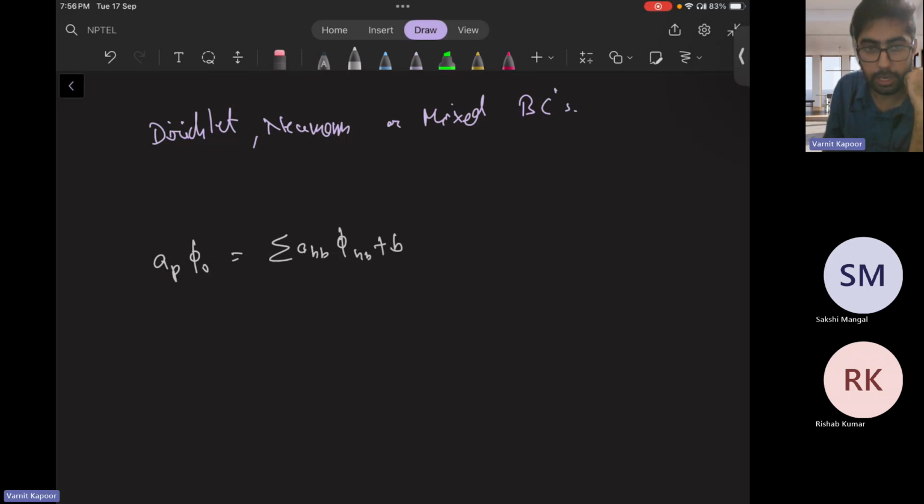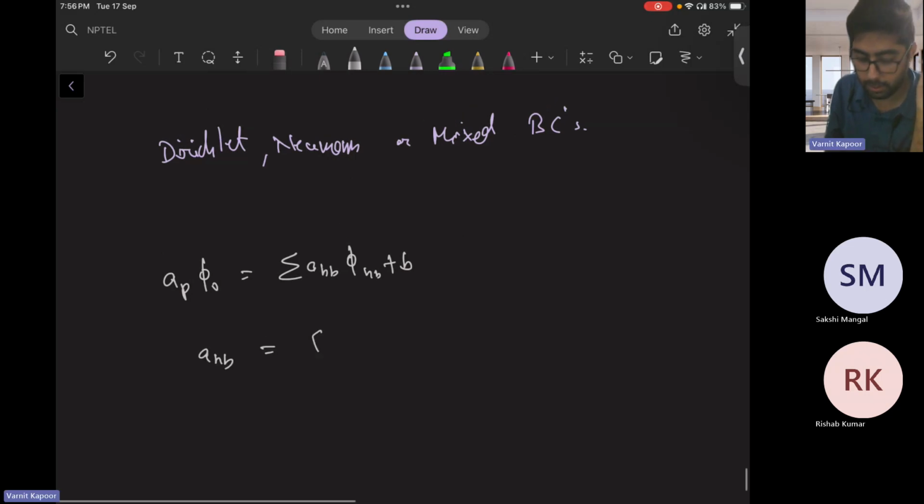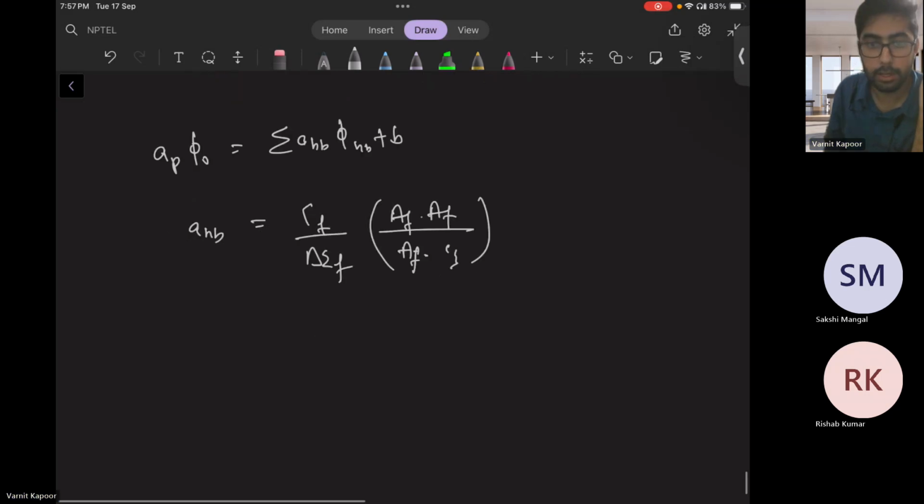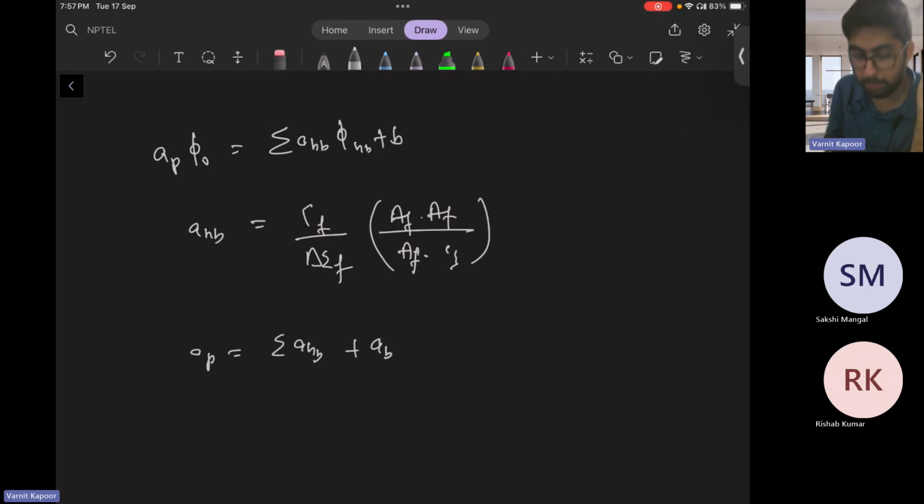Where Anb for internal faces, you know, this Anb is gamma f, psi f, Af dot Af over Af dot e zeta, where you have all the internal faces. So your AP will be summation of Anb plus Ab minus SP del V naught.